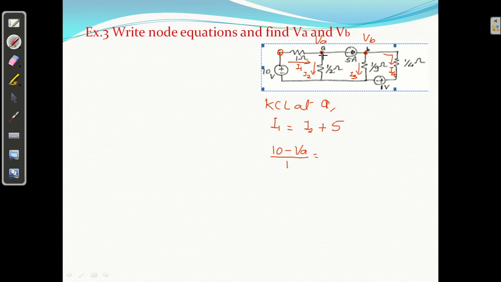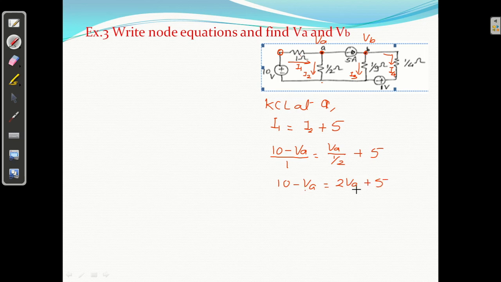I2 is VA minus 0 upon half, VA upon half, plus 5.